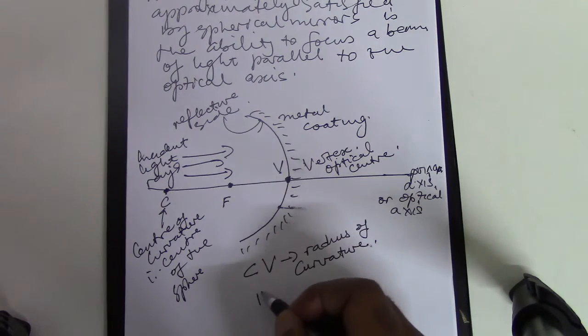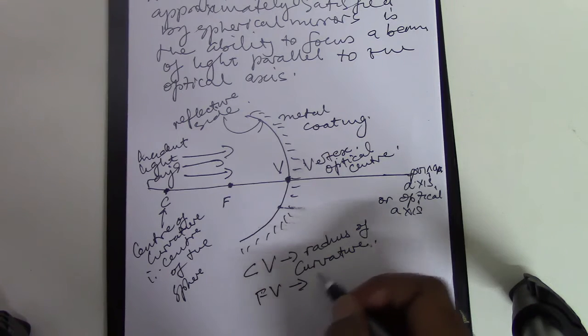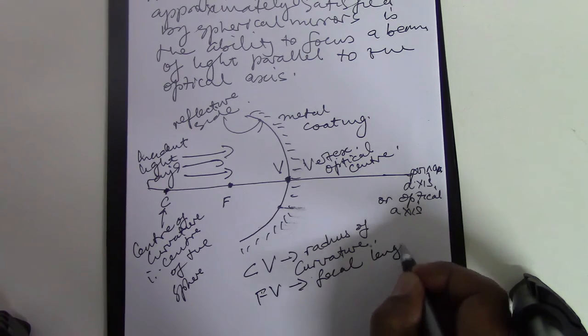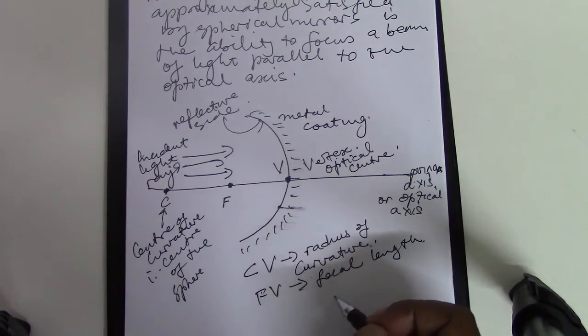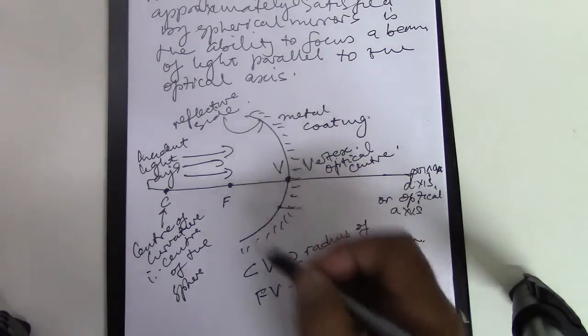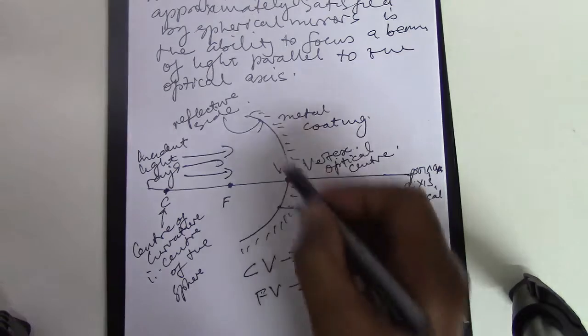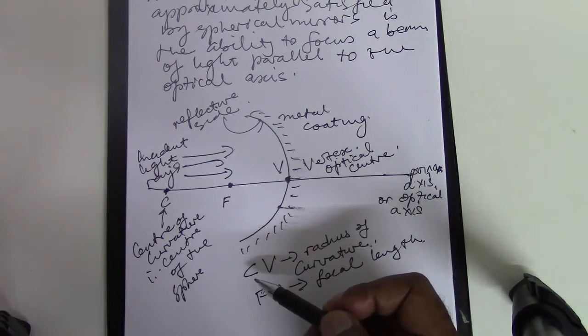And FV is focal length. The same concept as we studied in lenses. Focal length of this concave mirror.